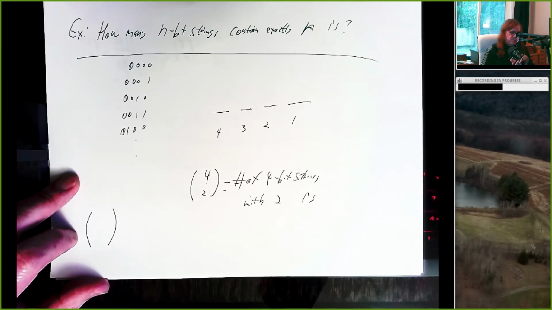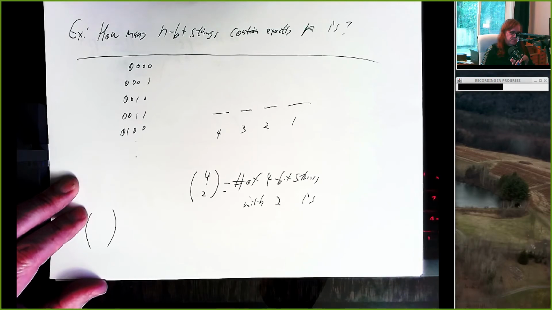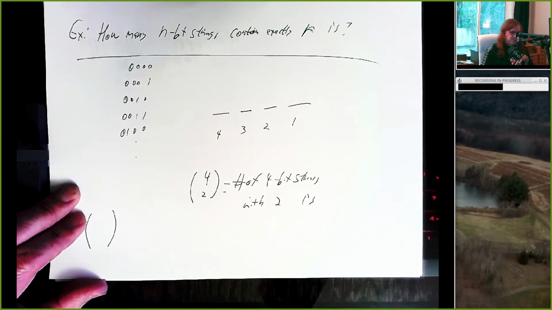How can I write it as a choice function? Alright, at least let me know if my microphone's still working. Yeah. Okay, cool. Sorry. Alright.